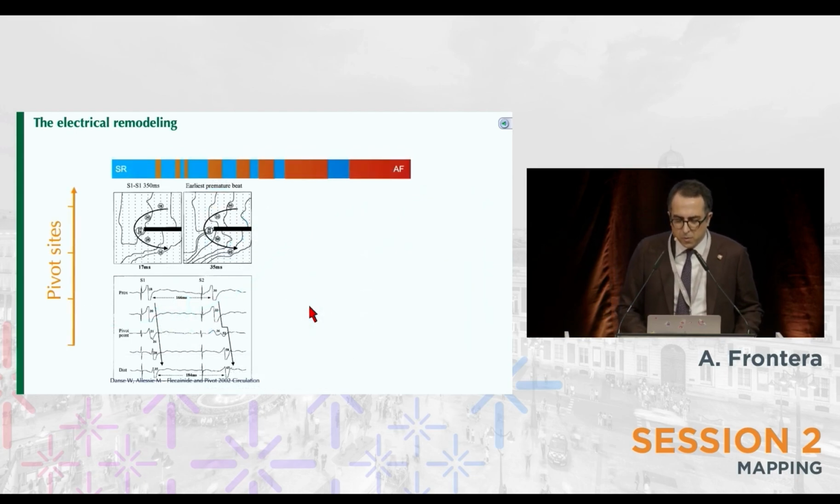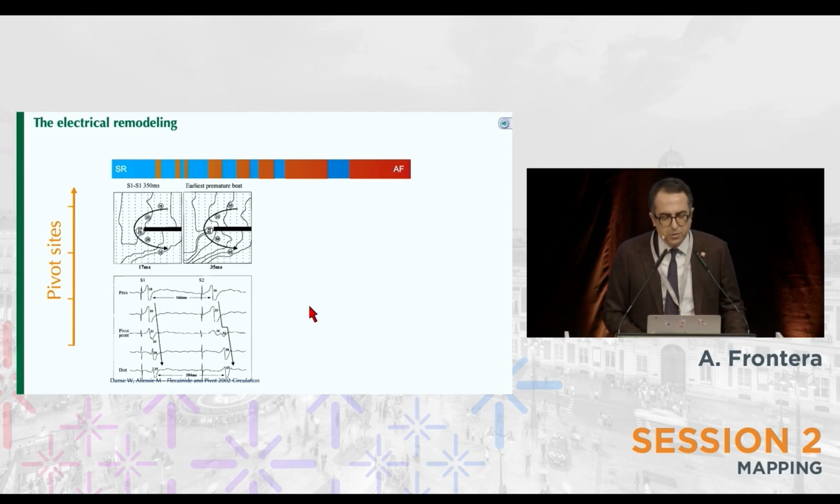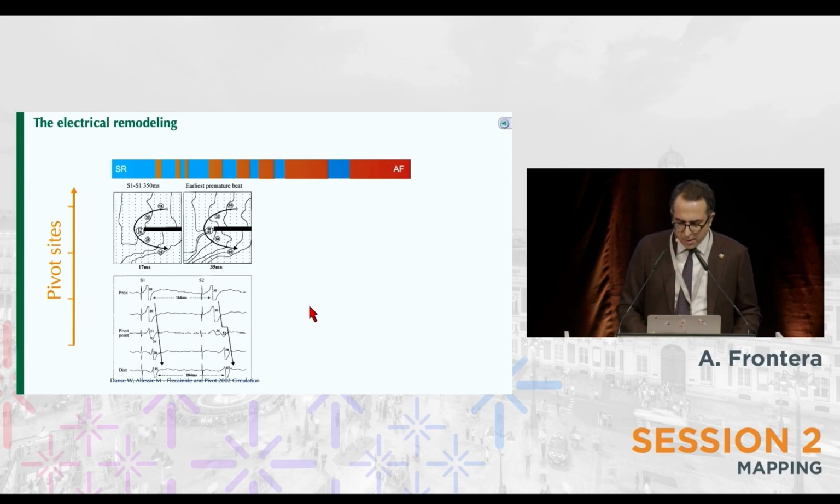We also analyze pivot. The pivot is an old-fashioned EP phenomenon that seems every electrophysiologist have forgotten. This is an EP phenomenon that has been described first by the LSC group. This is a paper dated 2002. And in this work, you see the wavefront propagating around the line of block with a pivot of 180 degrees.